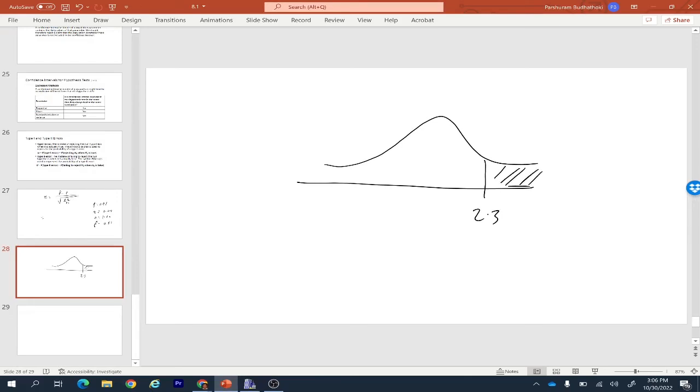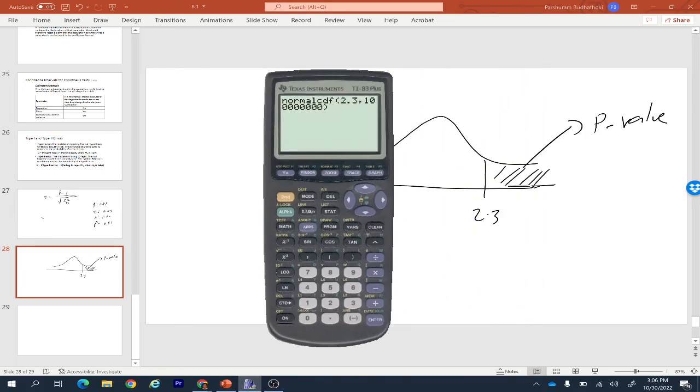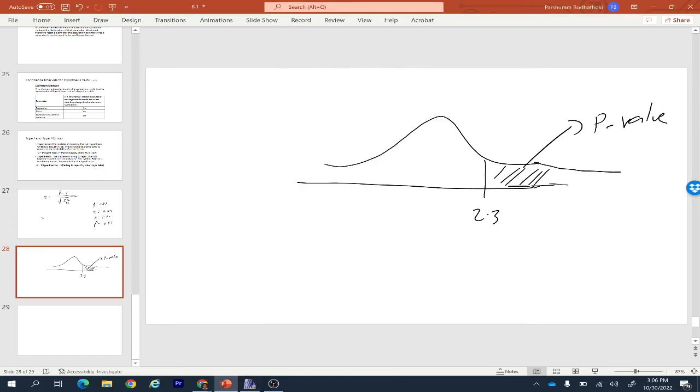We want to find out the p-value, which is the area under this curve, and for that we can use the normal cumulative distribution function. This command takes the lower z value, and the upper z value I'm taking as, let's say, 1 million, which is a very huge number.